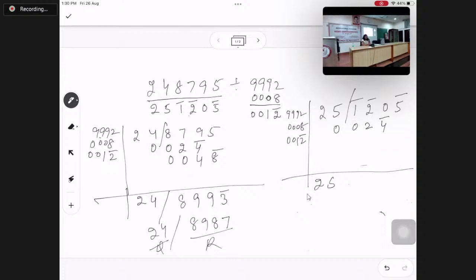Then 5 plus 1, 0 is 0. 5 into 0, 5 into 0, 5 ones are 5, 5 twos are 10 bar. Then again this is 1 bar, this is 2 bar, 0 and 10 minus this is 15 bar.